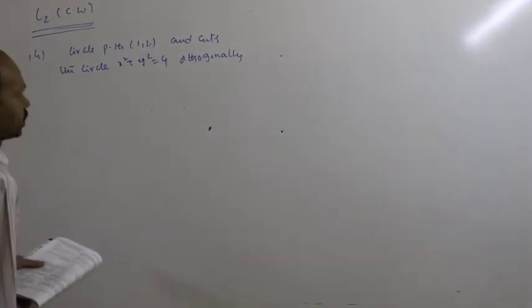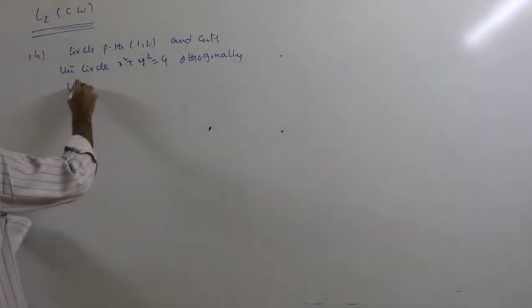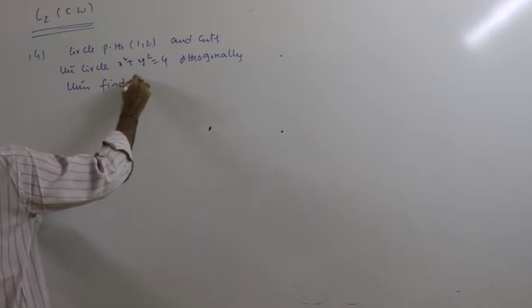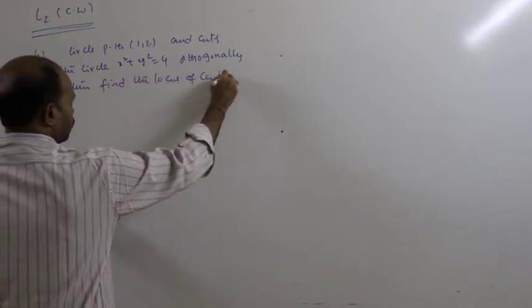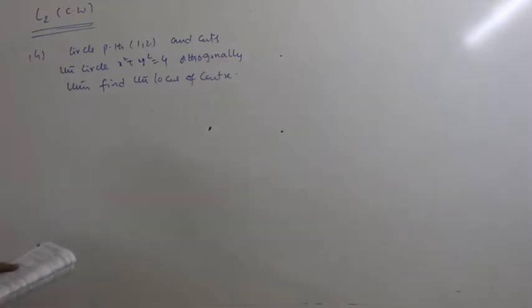Then find the locus of the center. Find the locus of the center. Circle passing through 1, 2.